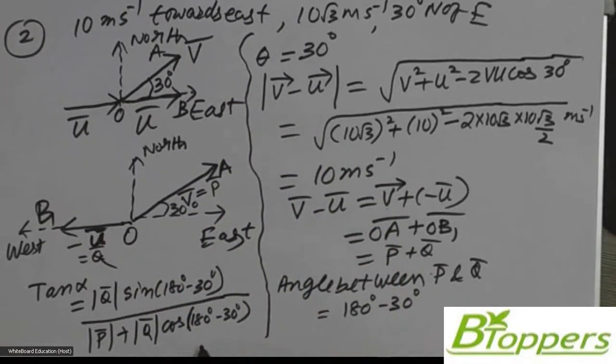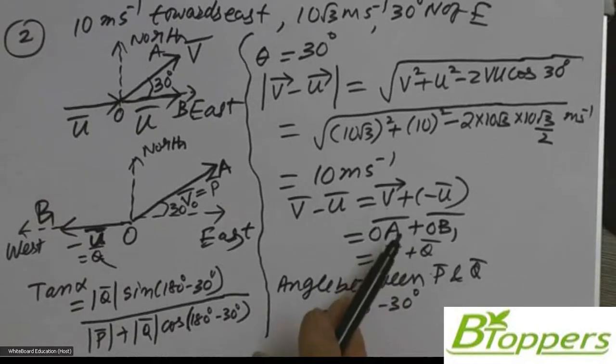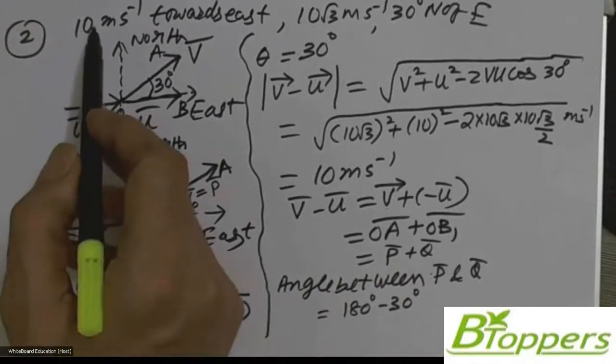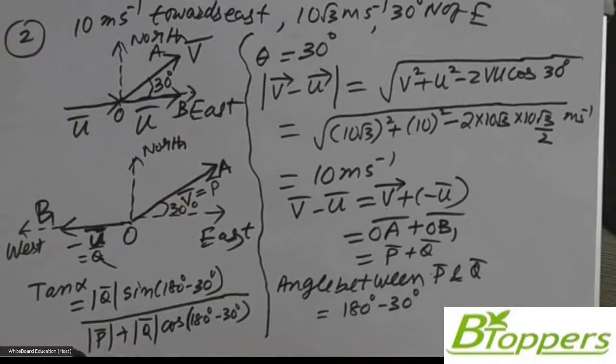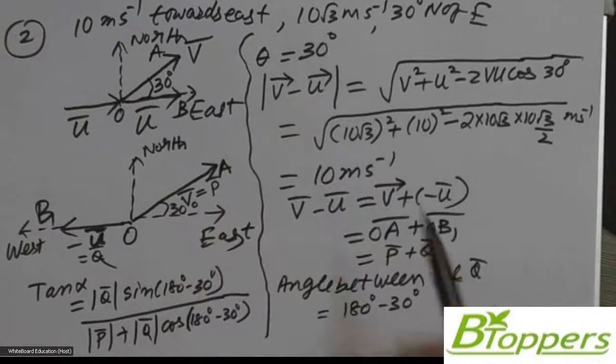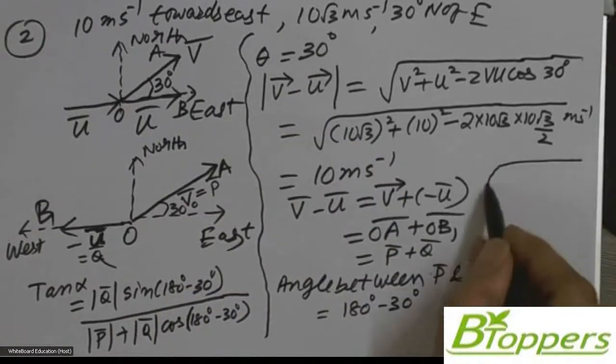This is the formula which we have used in the past for finding the direction of the vector sum of two vectors. Here mod of Q bar means mod of vector minus u bar, which is the same as mod of vector u bar, which is equal to 10 meters per second. Mod of P bar means mod of v bar, that is 10 root 3 meters per second.